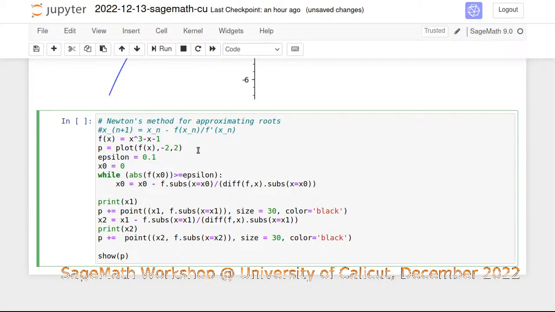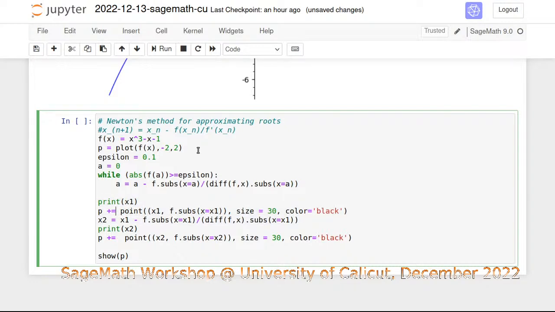Changing the value of x0 with x0 minus f of x0 by f dash of x0, that's it. This is enough. You can even use a. A is the initial root. Change the root to the new approximation.